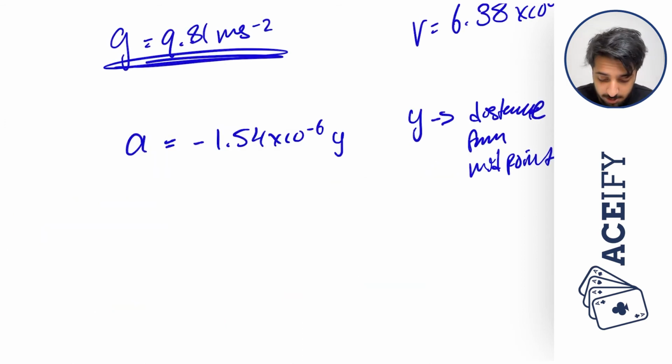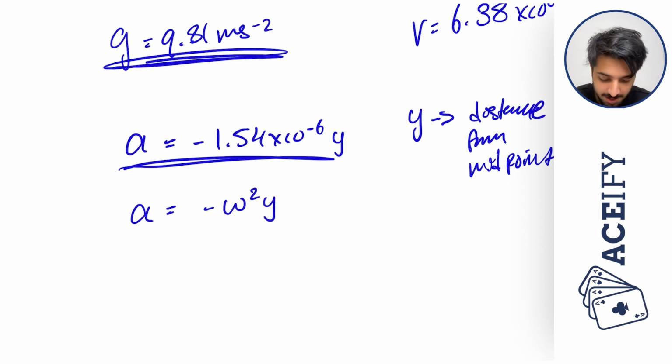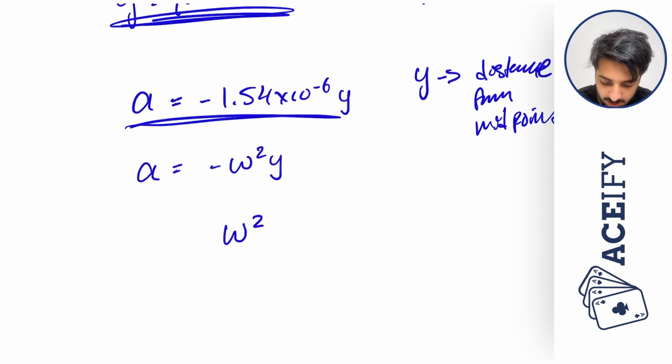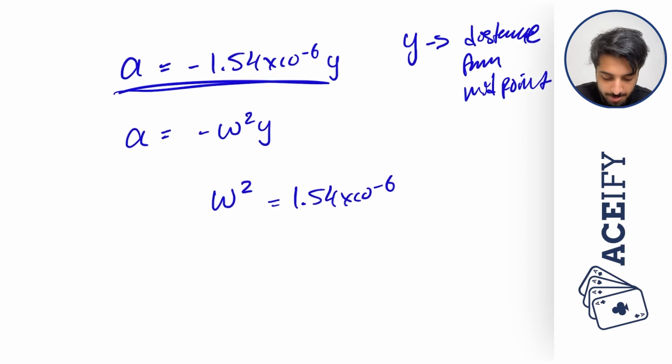Okay, so moving back to this equation, we've never really seen it in this form, but this equation is on your formula sheet, and it's in the form a is equal to negative omega squared y. And now it becomes kind of apparent that omega squared is equal to 1.54 times 10 to the negative 6. And so now we can just plug in our numbers.